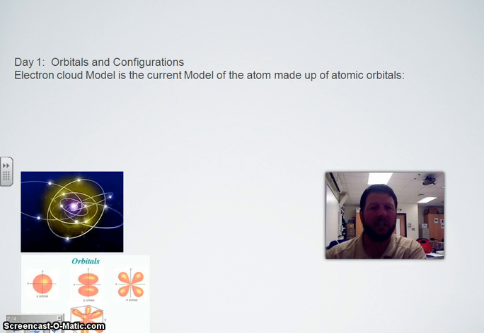Okay, the current model of the atom is the electron cloud model, and it is a model which is made up of atomic orbitals. If you look down here at this picture, you will see that it is an electron cloud model picture.